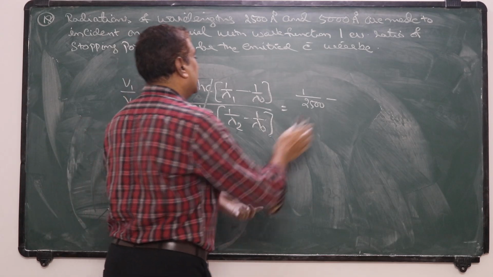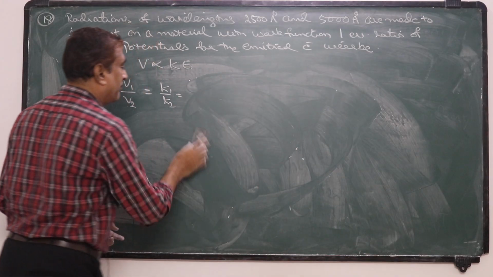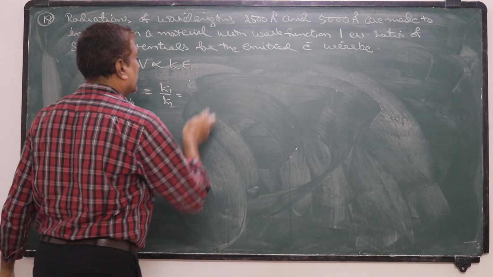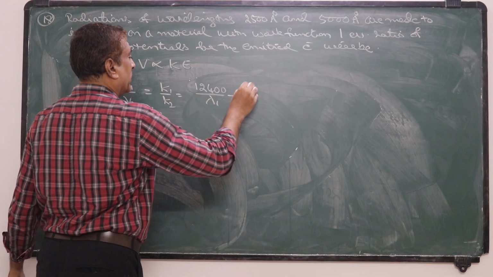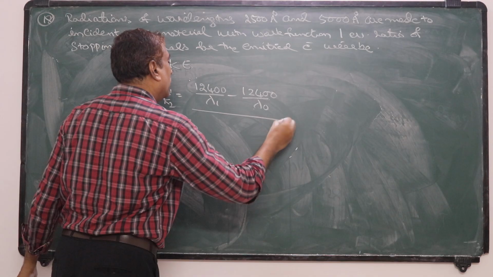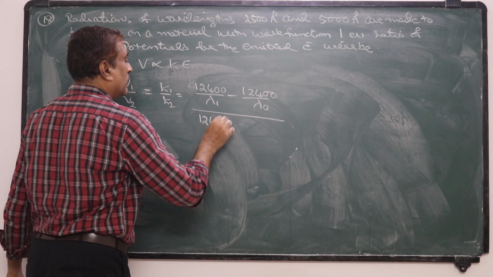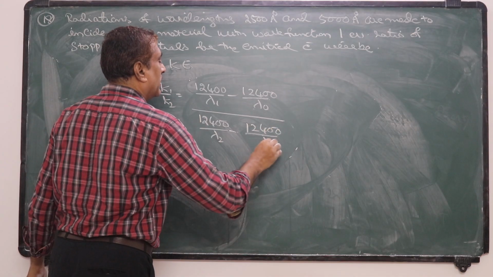Or we can write it like this: 12400 by lambda 1 minus 12400 by lambda naught, whole divided by 12400 by lambda 2 minus 12400 by lambda 0.